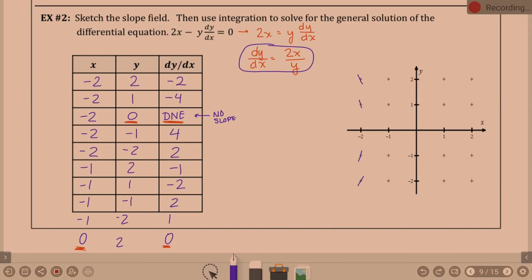Okay, next. -1, 1, 2 is -1, so negative direction, but not as steep. That's that 45-degree angle. -1, 1, -2. So this one is going to be kind of our middle steepness, if you will.